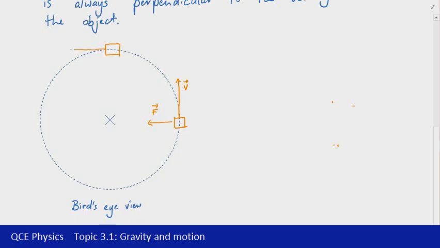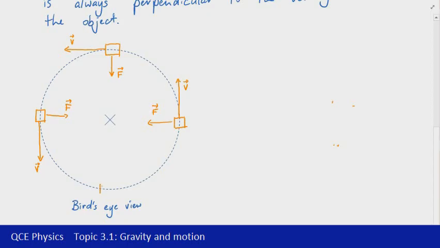We know that the length of that vector is going to stay the same because the speed is constant, and the force is still going to be directed perpendicular to the velocity, so it's going to be in that direction. Again, as it continues to move around over this side, the velocity will still have the same speed, so the length of that arrow is still the same, and the force will still be perpendicular, and the force itself will still be the same magnitude as well.